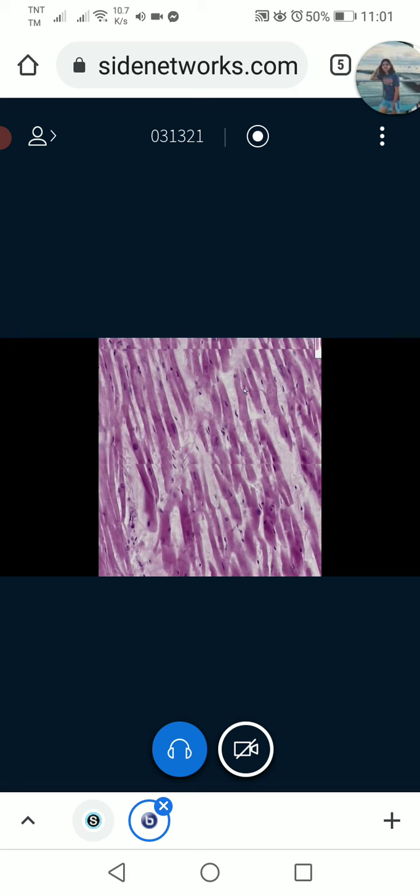They branch. And thirdly, you will have an abundance of areas in which you could see little lines in the middle of two connecting fibers, like certainly here. And these are your intercalated discs.